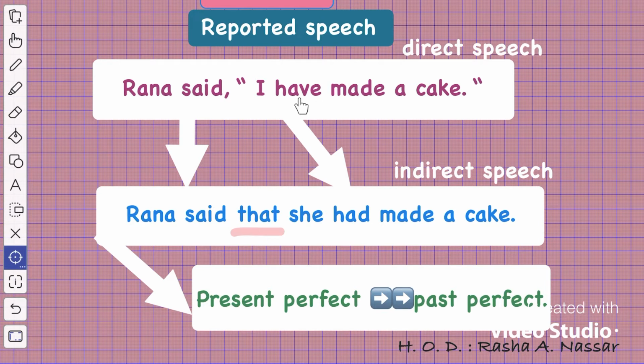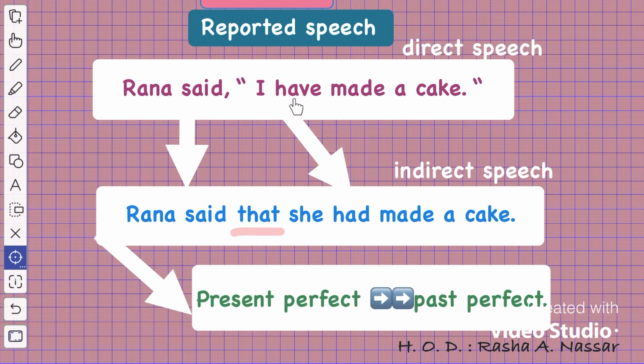Present perfect: have or has plus PP, or plus V3. So have or has will be had, and then had is followed by V3. So have will be changed into had. If there is has here, if she has or he has, so has again will be changed into had.